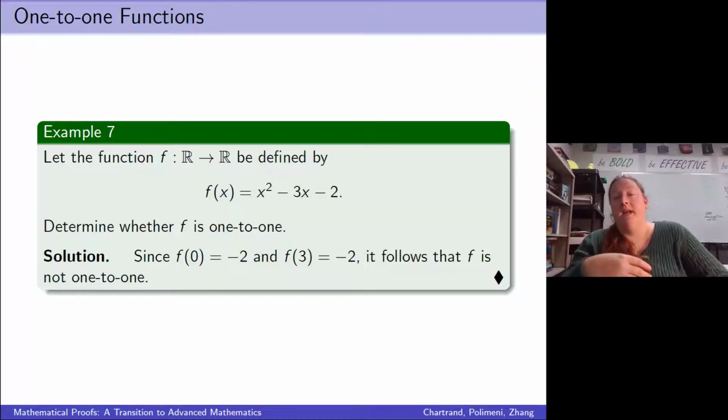Instead, we need to give an example of two x values that result in the same y value. 0 and 3, when substituted in for x, both give an f of x value of -2. So there exist two distinct x values that result in the same image, and therefore f is not one-to-one.